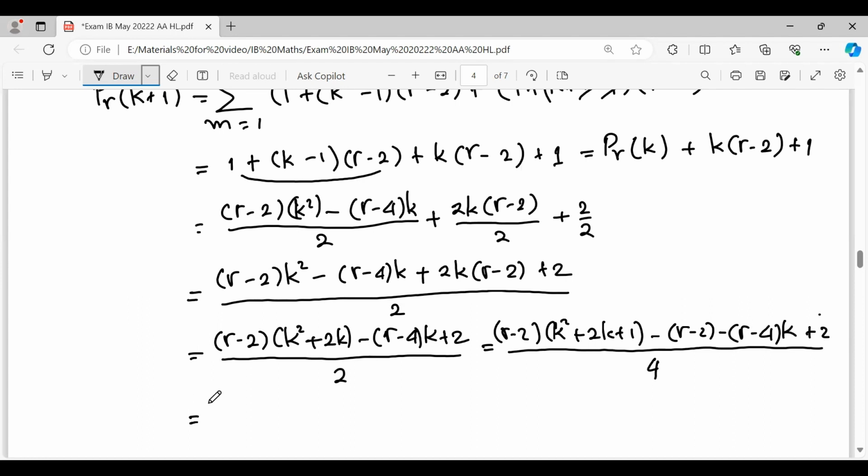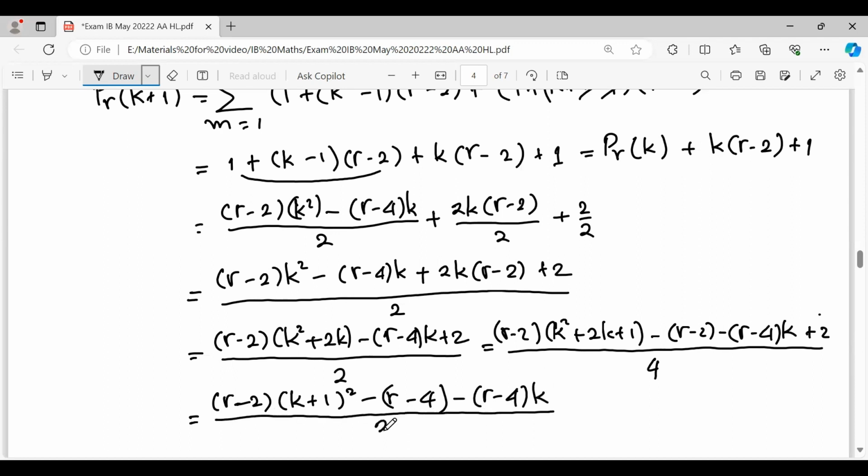And then becomes (r minus 2) times (k plus 1) squared minus (r minus 4), because minus plus 2 equals 4, minus (r minus 4)k over 2.